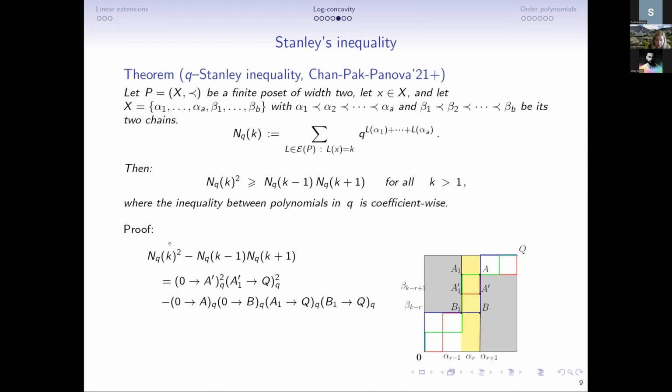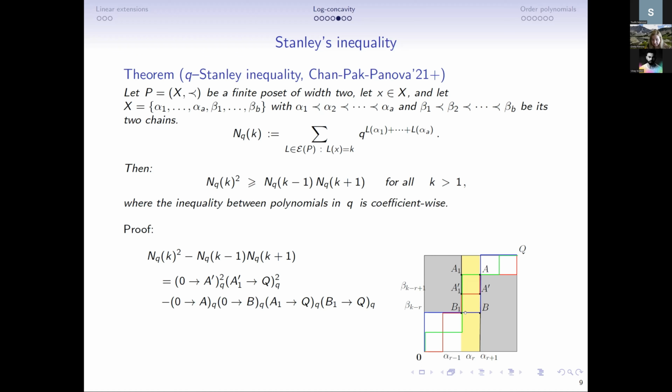So basically this term corresponds to paths that go from 0 to Q, and they pass through some middle horizontal segment A1 prime, A prime here. And then these terms are pairs of paths. One is passing one step above and one is passing one step below.